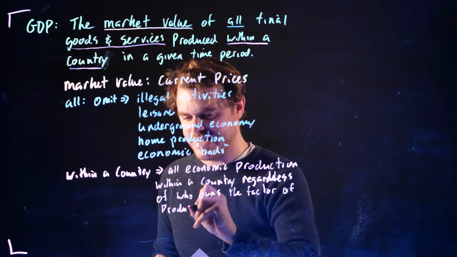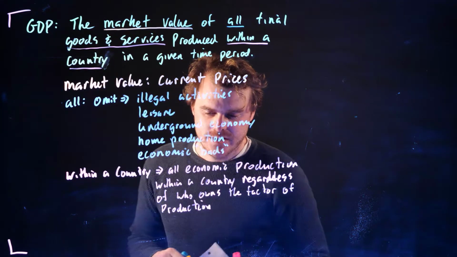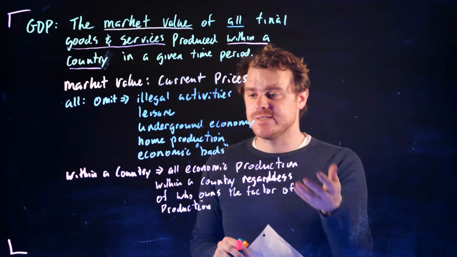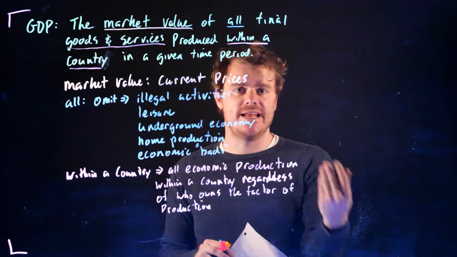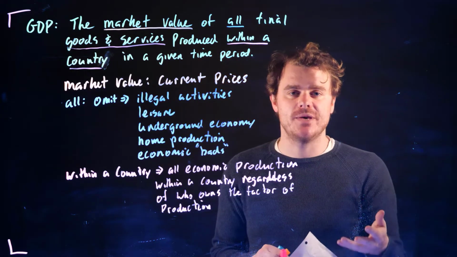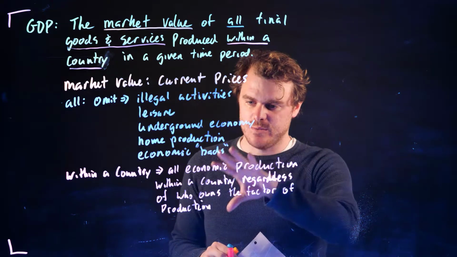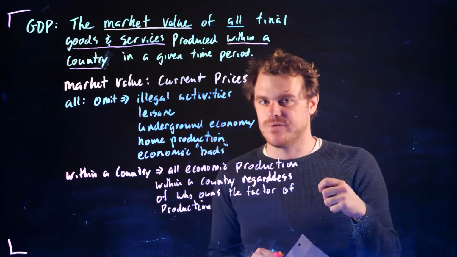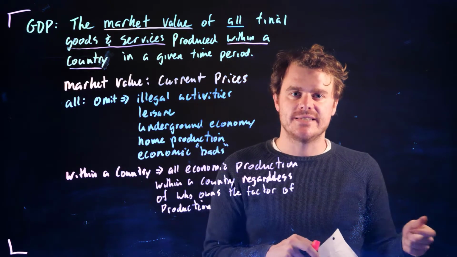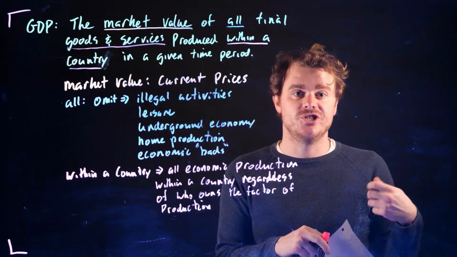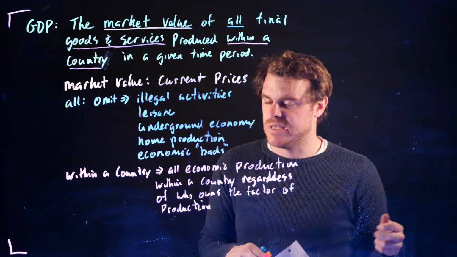What I mean by that is, if someone from another country is working in Canada and producing something in Canada, they're contributing to Canadian GDP. We're going to talk about a different measure, GNP, which is about who owns the factor of production. For instance, if I was working in the States, I'd be contributing to US GDP, even though I'm Canadian.